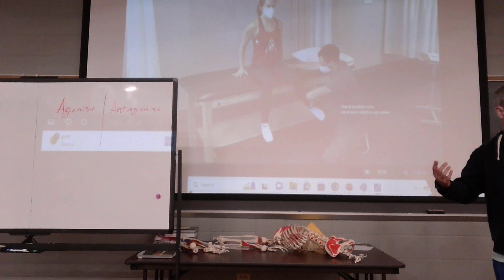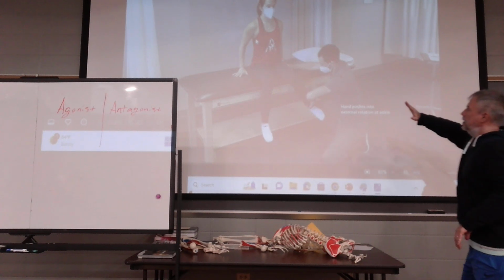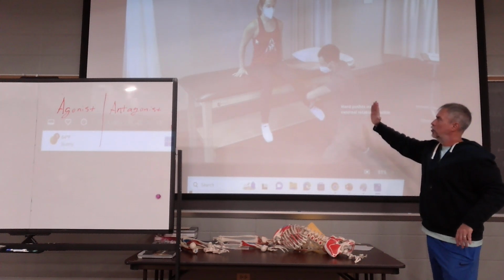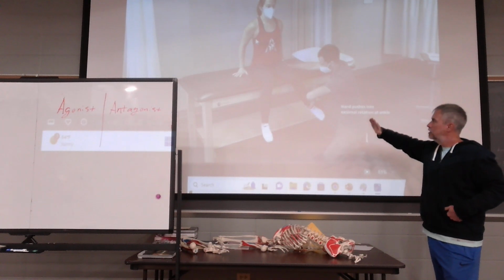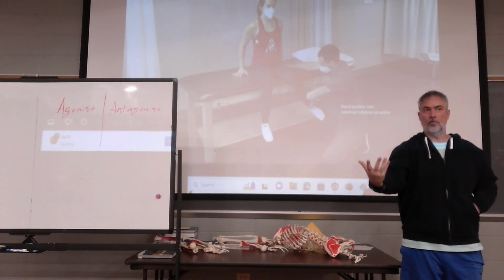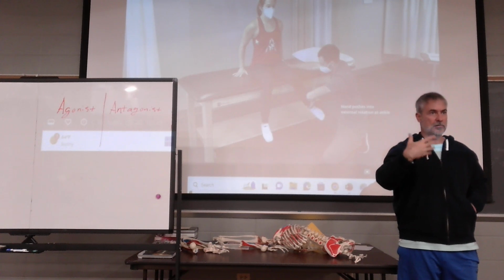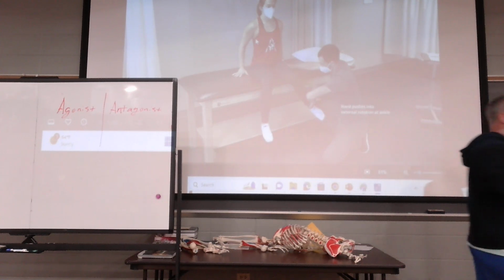So even if he was pulling this way, the hand's still pushing on the lower leg is what I'm trying to get to. So is he trying to push her into external or internal? External. He's trying to push her into external. So you wouldn't want to use external rotation pullers. You'd want to use internal rotation pullers. Does that make sense?